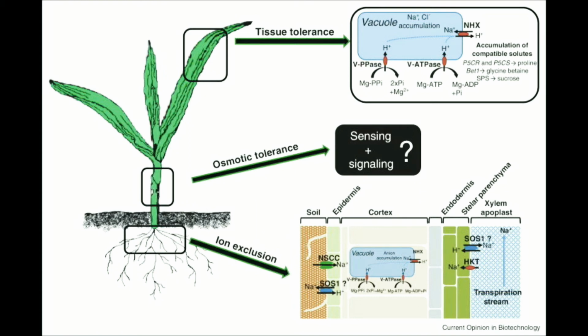Osmotic tolerance, which is related to minimizing the effects on the reduction of shoot growth, and may be related to as yet unknown sensing and signaling mechanisms. Ion exclusion, where Na+ and Cl- transport processes predominantly in roots prevent the accumulation of toxic concentrations of Na+ and Cl- within leaf. Mechanisms may include retrieval of Na+ from the xylem, compartmentation of ions in vacuoles of cortical cells, or efflux of ions back to the soil.